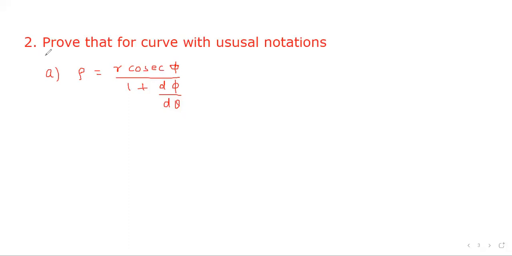Now question number 2. Prove that for the curve with the usual notations, rho equals r cosec phi divided by 1 plus d phi upon d theta. If you remember, we have done this in one question like this. Here there is a curve whose tangent is drawn at a point.